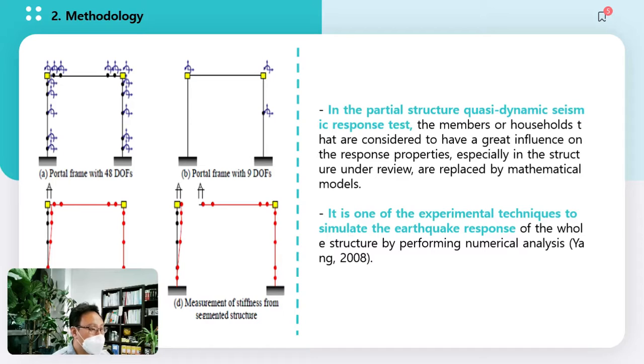In subtraction, in a dynamic seismic response test, members considered to have a significant impact on response properties, especially in the structures under review, are replaced by mathematical models. It is one of the experimental techniques for simulating seismic reactions of a structure through numerical analysis.